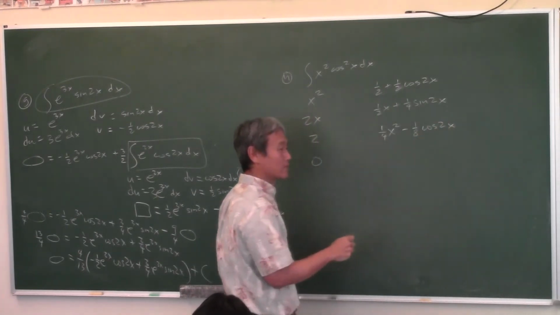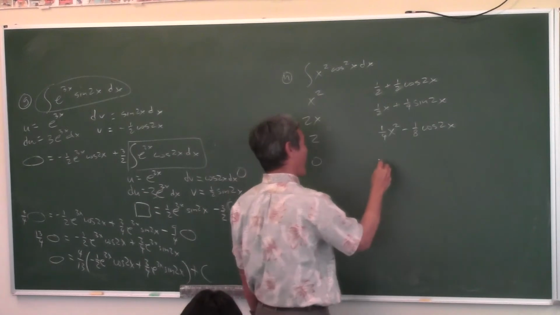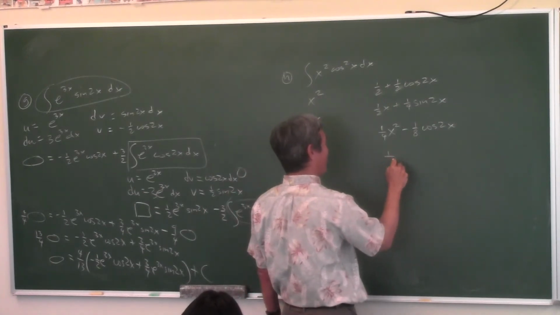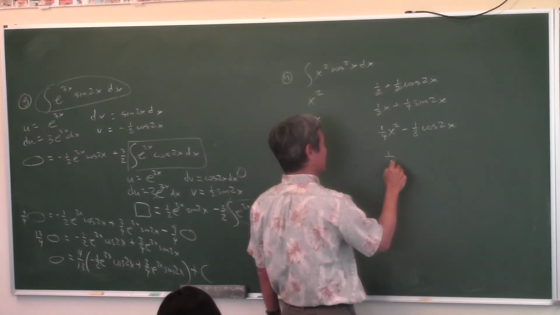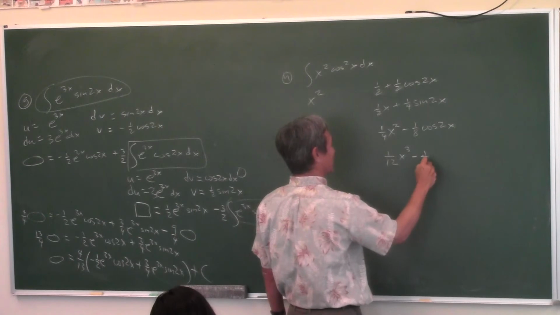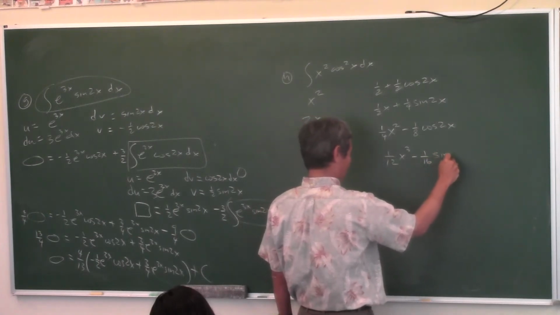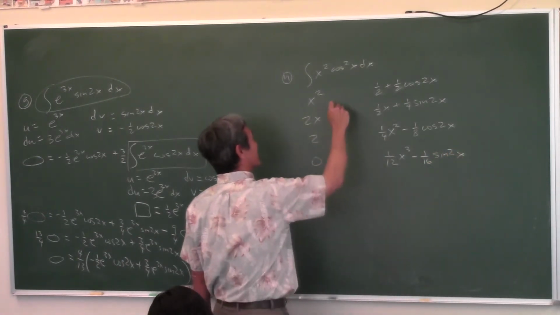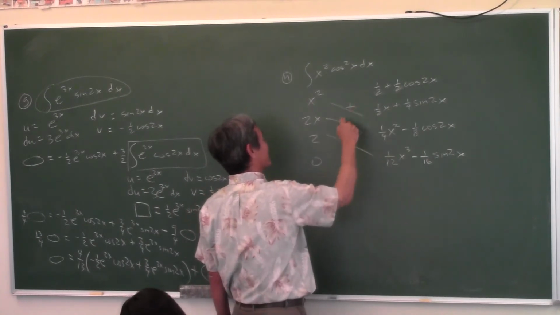And then who's got the next one? 1 over 12 x cubed minus 1 over 16 sine 2x. Okay. And then you just go plus minus plus.